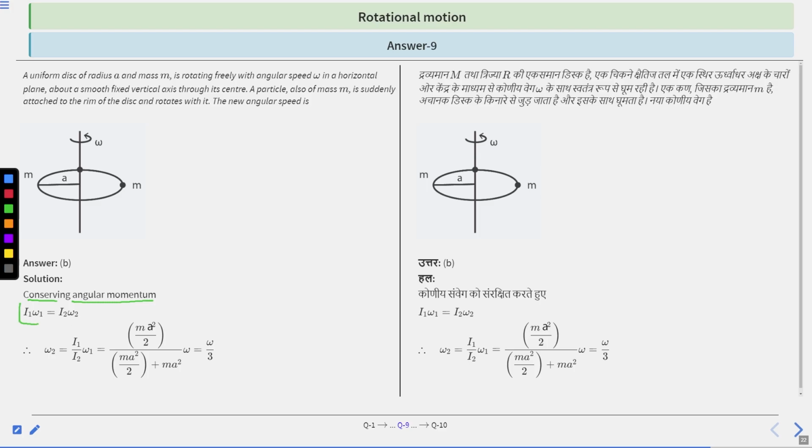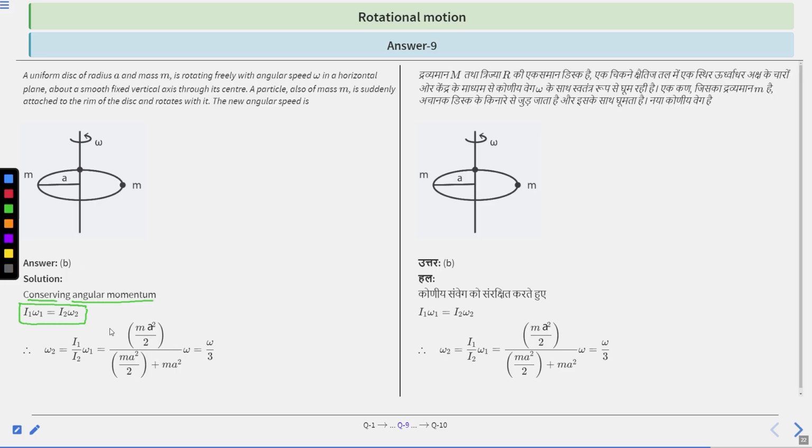So omega 2 is equal to I1 divided by I2 times omega 1. So it is ma square by 2 divided by ma square by 2 plus ma square, times omega 1, which is omega.